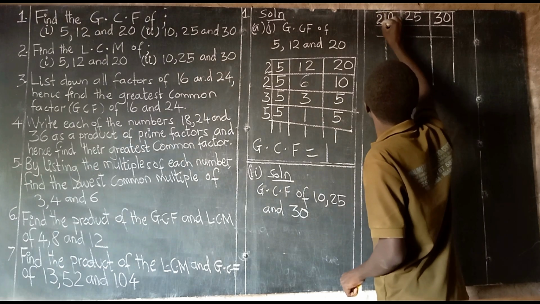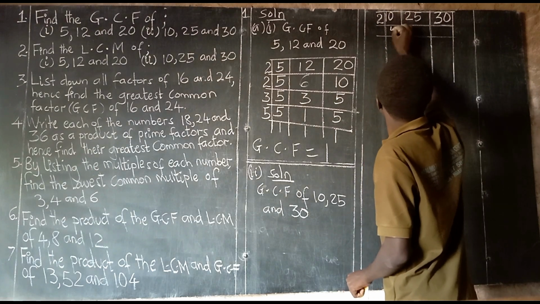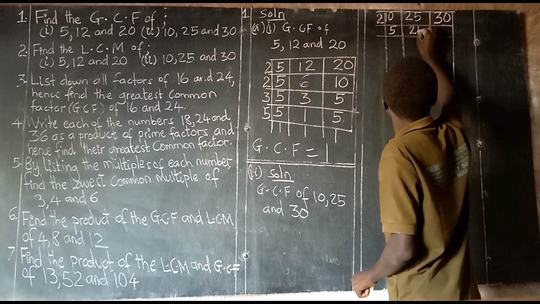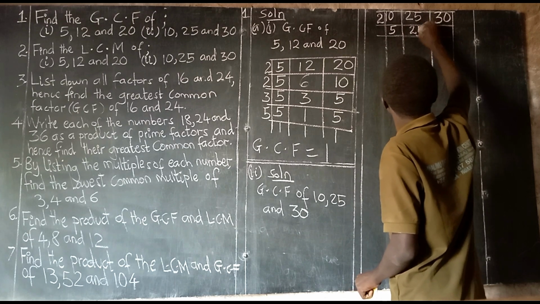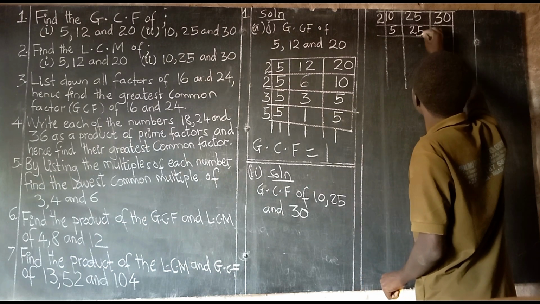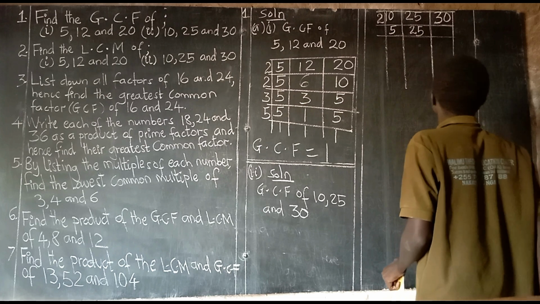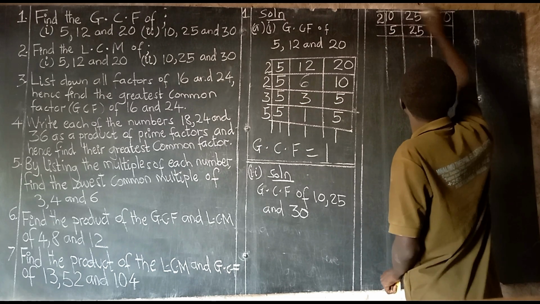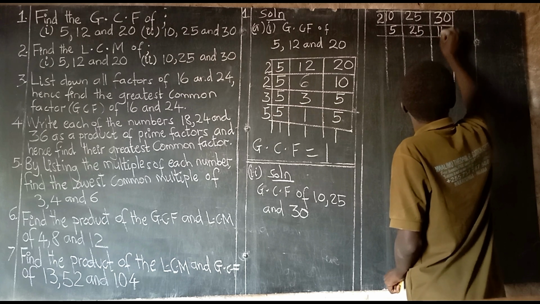So we have 2 here. 10 over 2, we get 5. 25 over 2, we get 25. As I told you, when the number is not divisible completely, meaning you get a remainder, just write it as it is. 30 over 2, we get 15.